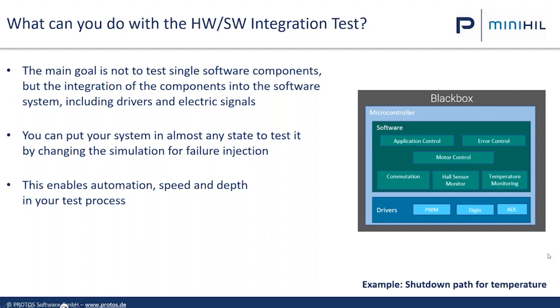So, for example, temperature shutdown is stimulated by providing an analog, electrical value, and then your software, your black box behavior, cascades through your system. Something happens. And in the end, what I really want to know for safety critical reasons is whether the system shuts down the motor control. So I want to measure whether the PWM goes off after 100 microseconds.